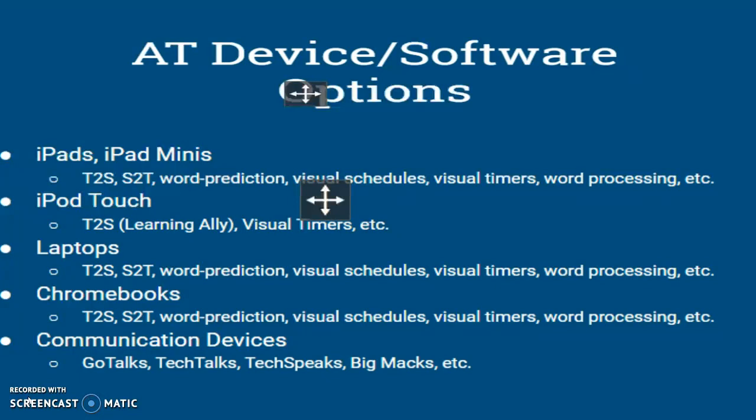Again, we want to remember that AT is for access and not for instruction, and that there are many applications and software that provide for this type of support, and that we want to always ensure that our students' data is private. As was discussed in this week's readings and lectures, it's often common that both students and teachers need direct instruction on the use of their AT device for it to be an effective accommodation tool.